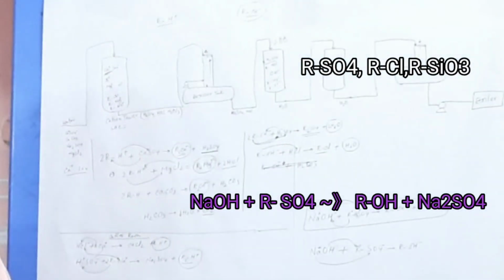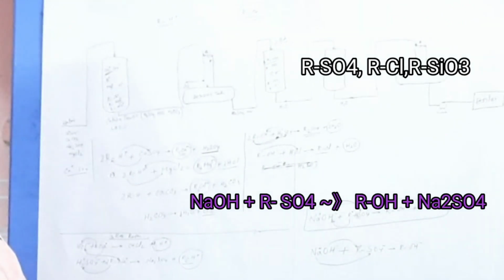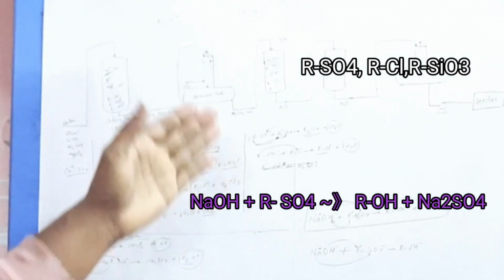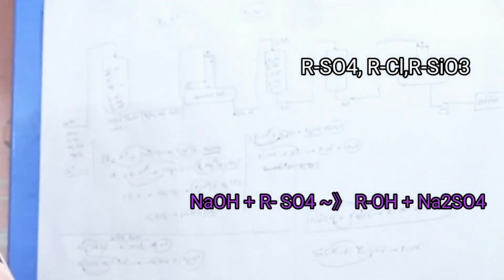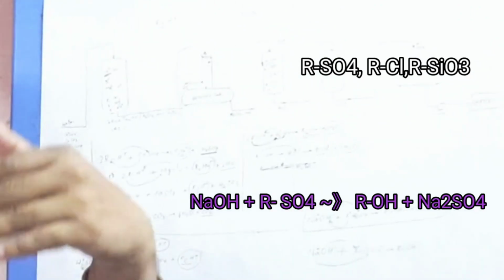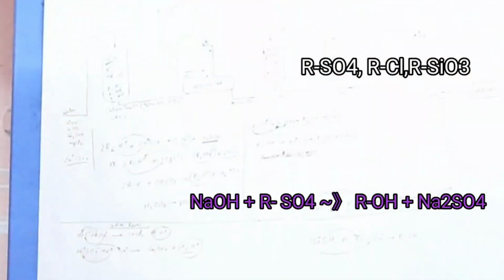When it is ROH, it means it is activated resin. Now it is ready for use. After using, it will be exhausted by other negative ions. After exhausting, we have to regenerate again, otherwise the whole system will be abnormal.